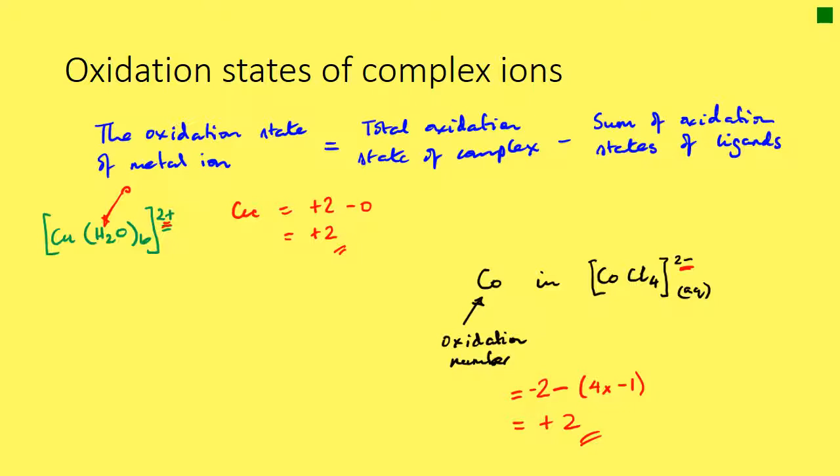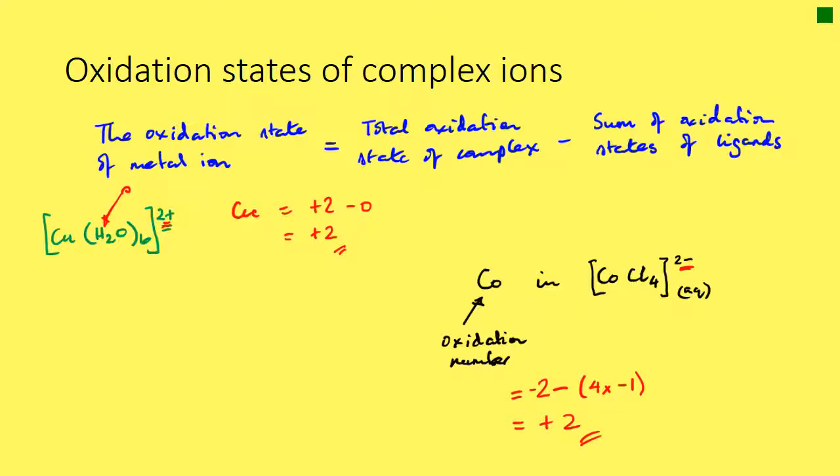So that's how we're writing the cobalt chloride complex, and we want the oxidation number of our cobalt in that cobalt chloride.